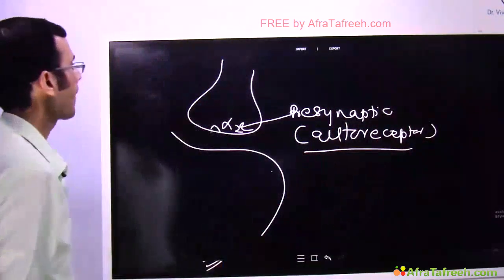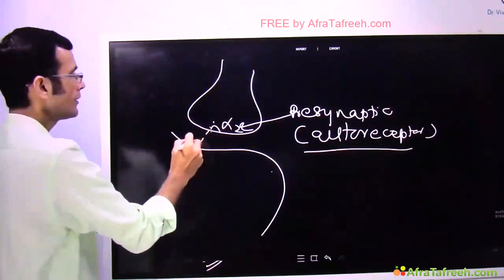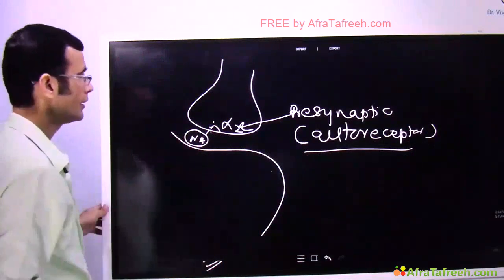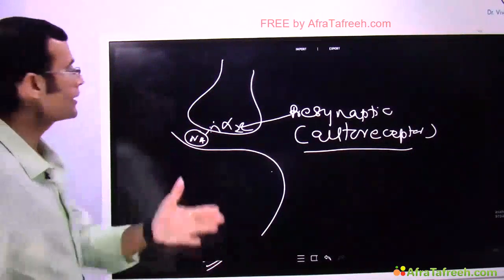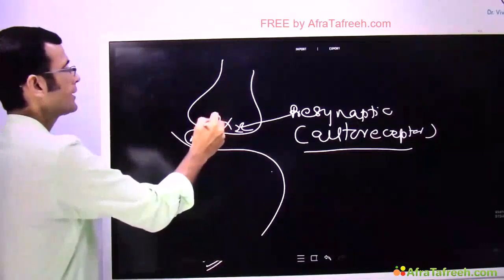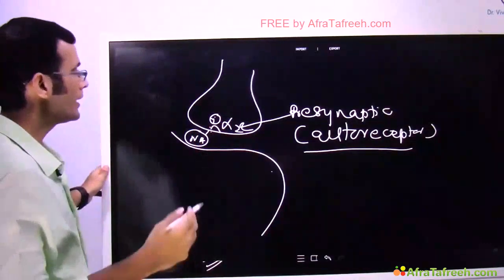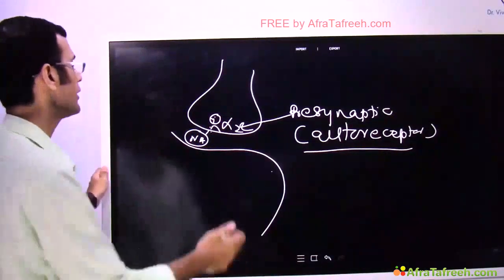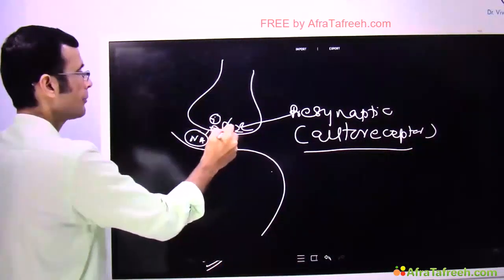That is, once the noradrenaline is released, then further release of noradrenaline from the presynaptic ending is augmented or attenuated by this alpha 2 presynaptic receptor.